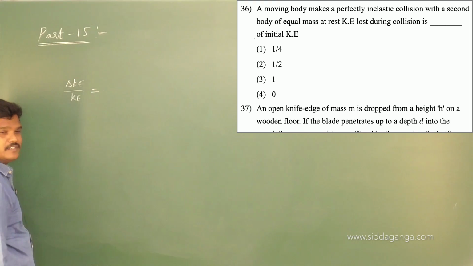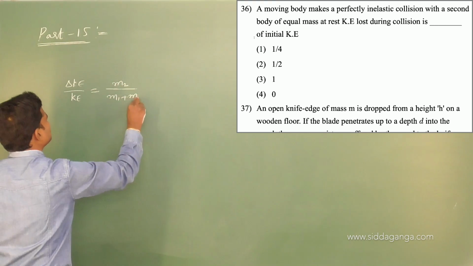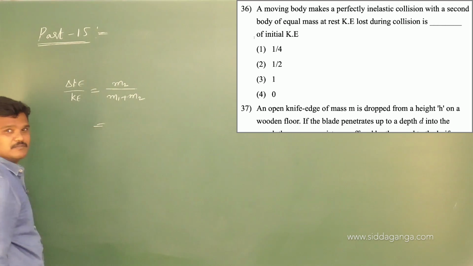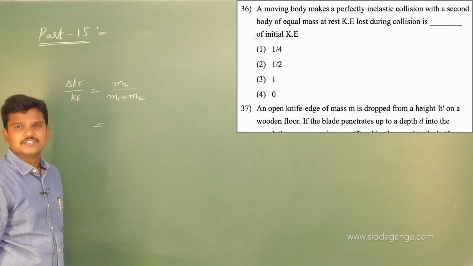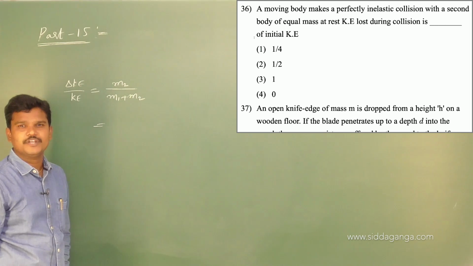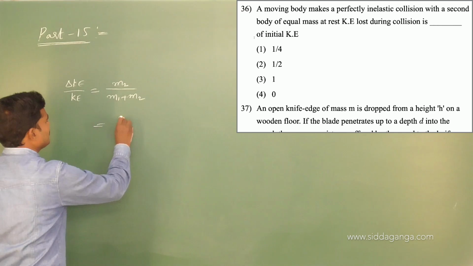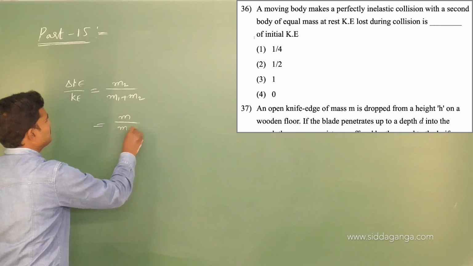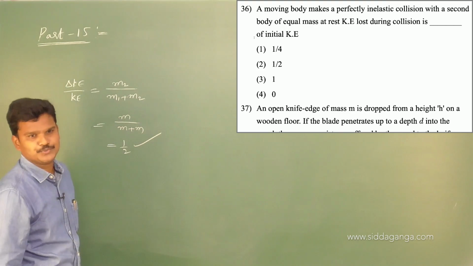The formula is m2 by m1 plus m2. But they have given a moving body making a perfectly inelastic collision with a second body of equal mass. Equal mass means m1 and m2 are both the same. So m by m plus m. What is the answer? Directly 1 by 2.